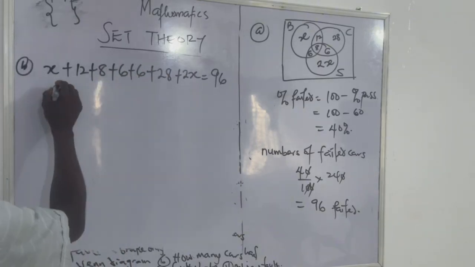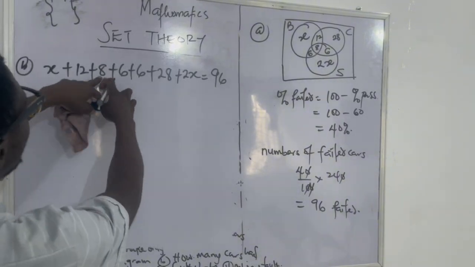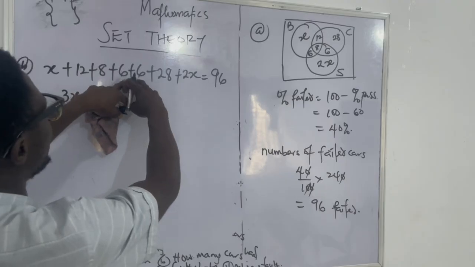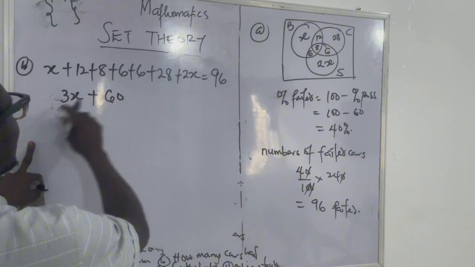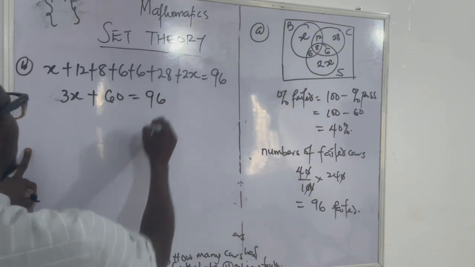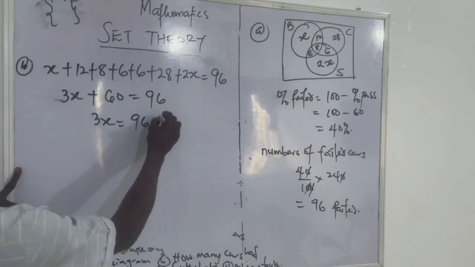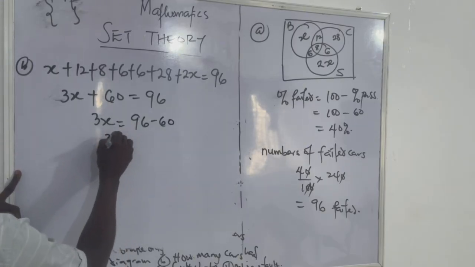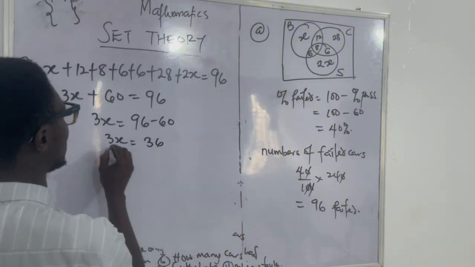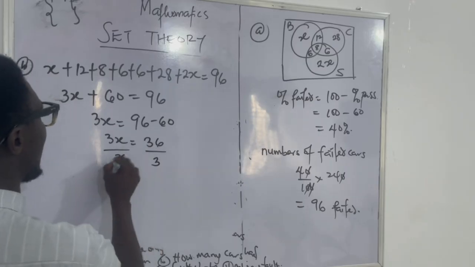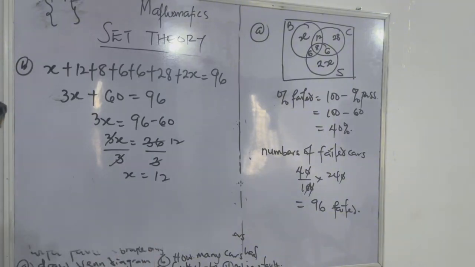So x plus 2x is 3x. 20 plus 12 is 32, 32 plus 28 is 60. Equals 96. So 3x equals 96 minus 60. So 3x equals 36. Divide both sides by 3. So x equals 12.